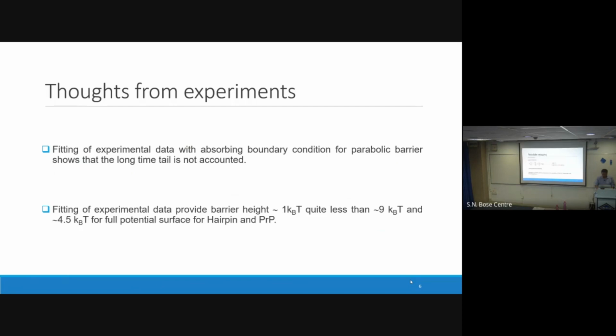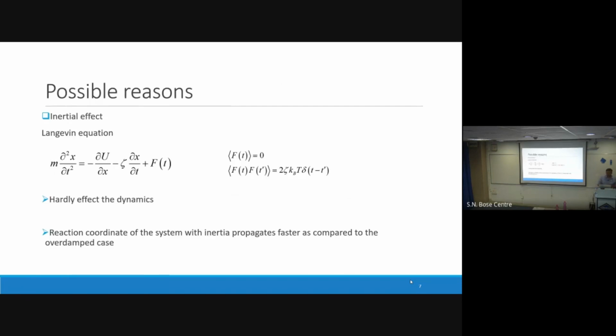To explain, there could be many possible reasons. In the available theory, most of the theoretical expressions people use are in the overdamped limit, where friction is large. Here it is shown as a Langevin equation, where the first term is the inertial term, the second term is the derivative of the potential, which is force, and on the right hand side the first term indicates the friction coefficient, and the last term is the random force.